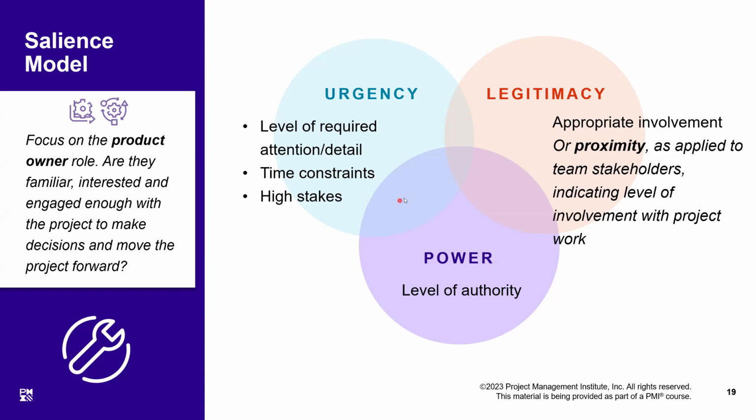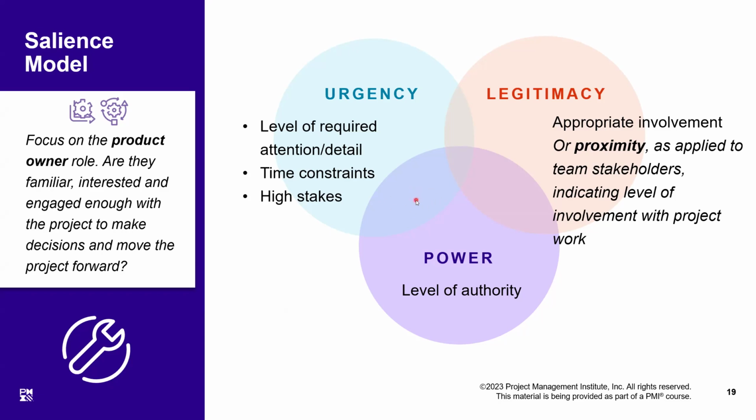This area is where the blue circle and the purple circle are crossing, right? You understand that where such overlap exists, that is the area where power is high and urgency is also high. But legitimacy is low here. Can you relate to that, Fatma?